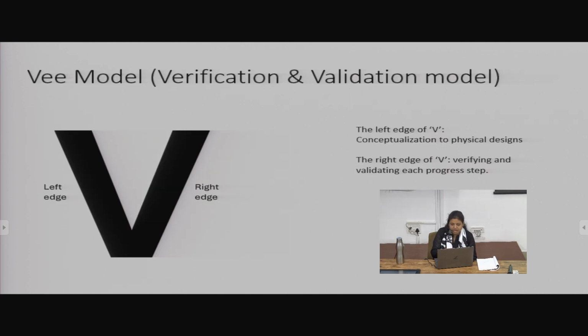Remember, you have seen the V model. On the left edge, we have seen that it goes from conceptualization to physical design. One by one, steps we'll be taking, coming from the start towards down, and then on the right edge also we are coming from the start to down, and then we are creating a V-shape model.